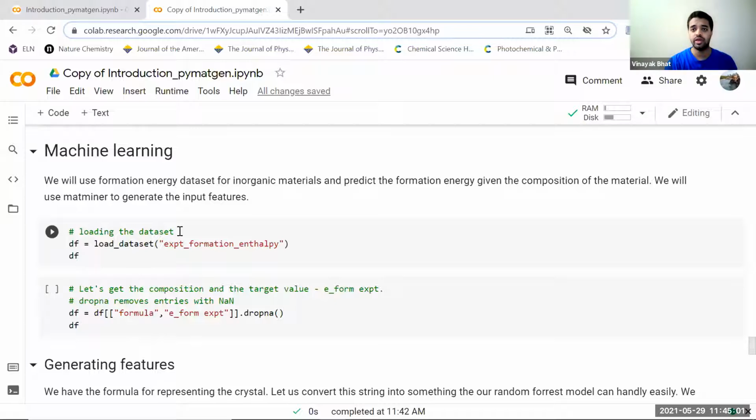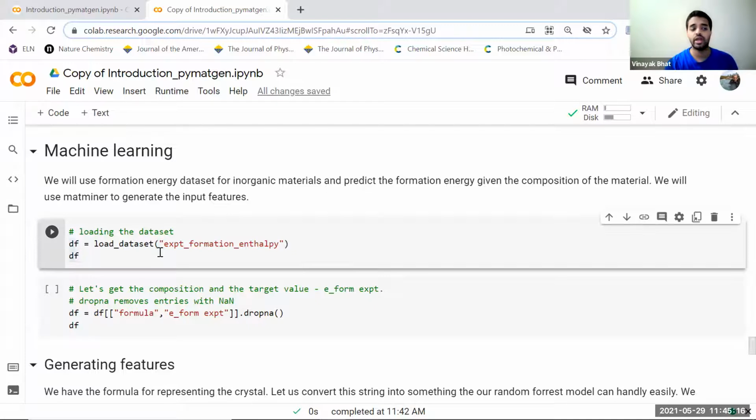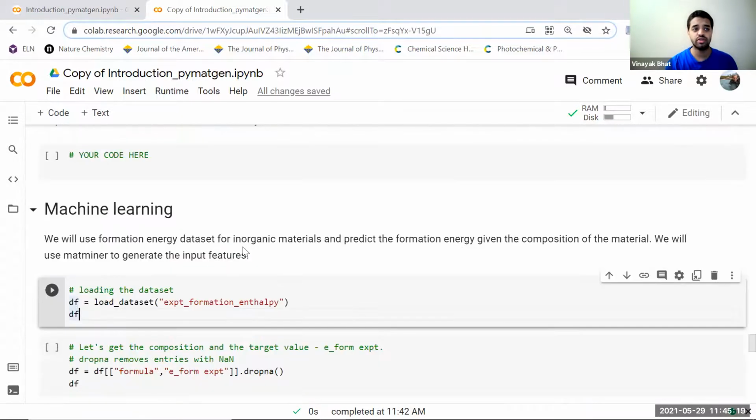But where things are very critical is the representation. So how well you have represented the data that you want. And if your representation is not good, your prediction won't be good. So everything boils down to that now. So in this case, what we are trying to do is predict the experimental formation enthalpy.